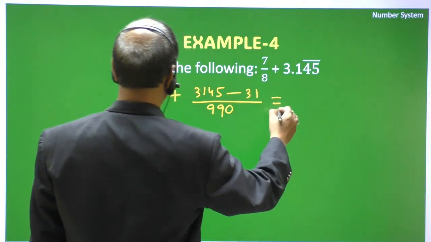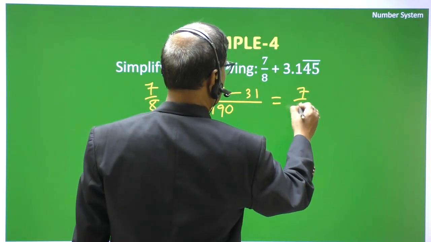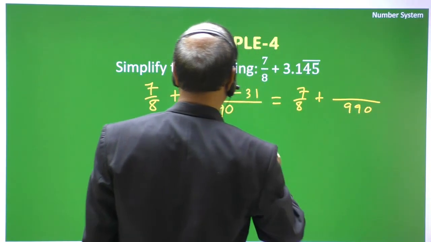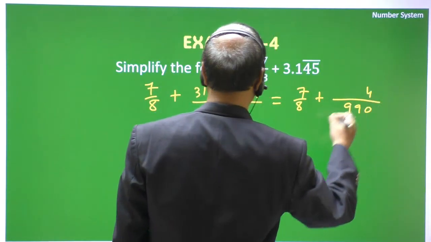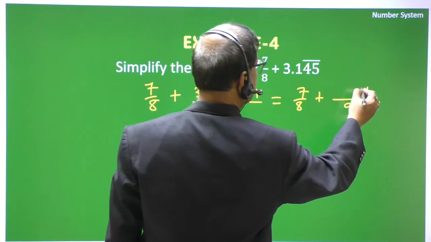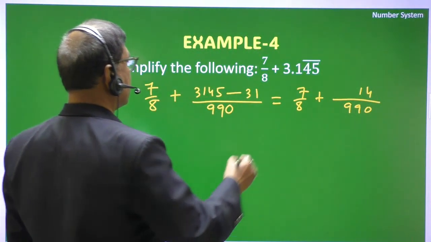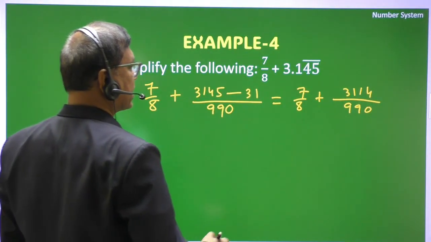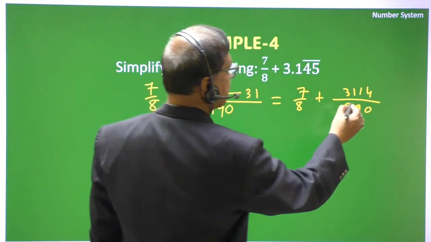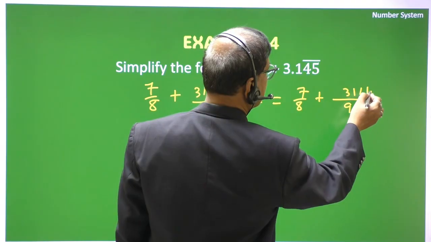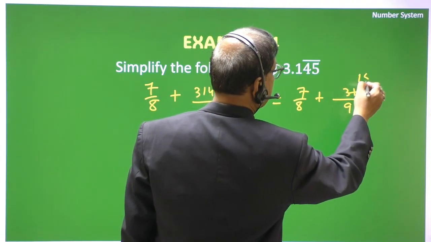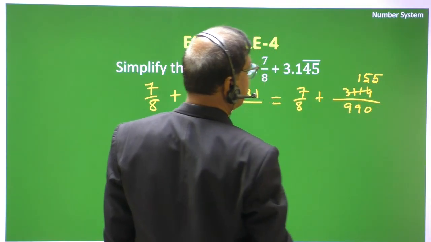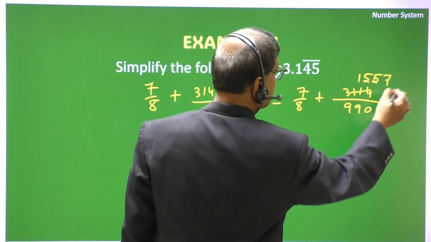So this equals 7 upon 8 plus 990, and 5 minus 1 is 4, 4 minus 3 is 1, and 31. So 3114 upon 990. We can simplify more. We can divide by 2. 15, 30, that is 50, again 5 and 7.